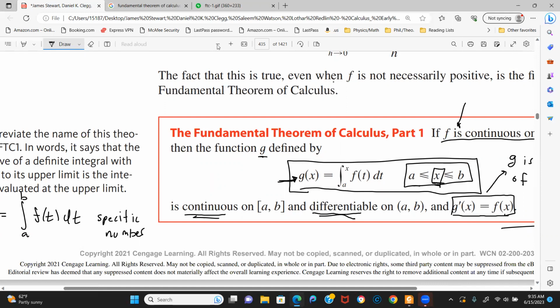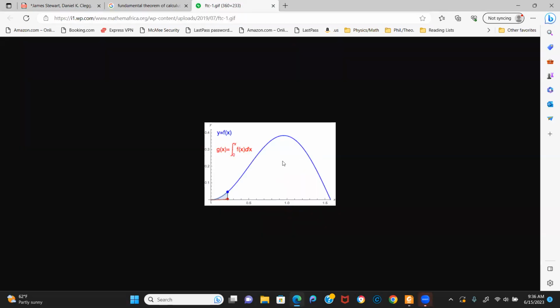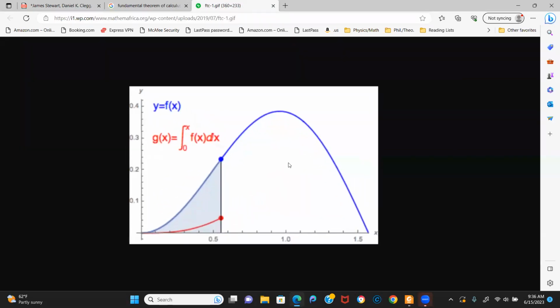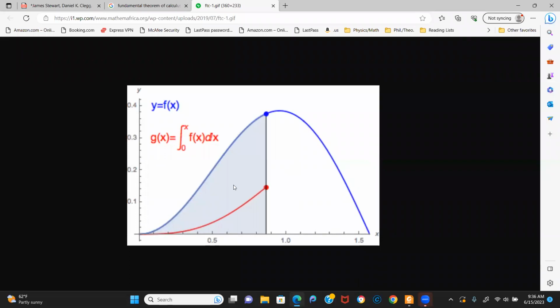So here, let me show you this picture to illustrate this function. Hopefully you can see this. So here we go. We have in blue, the blue curve is our function, and the red curve is this integral we defined. This is actually not correct. I don't know why it stopped. It didn't replay.